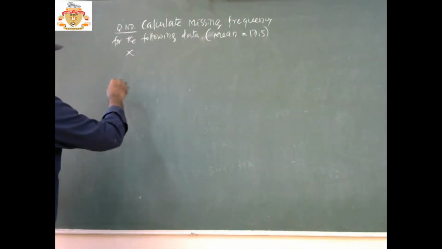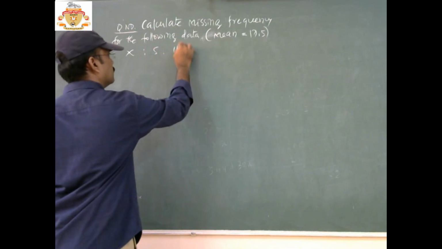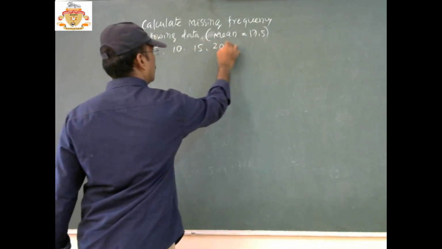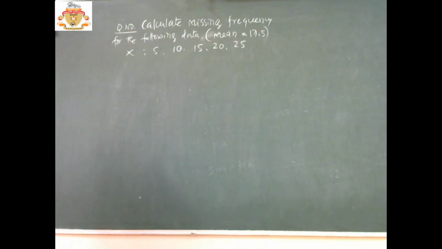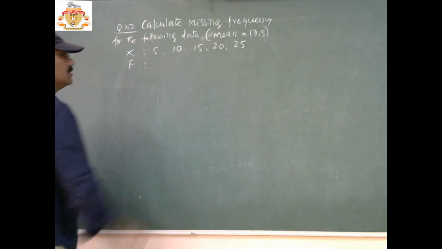So x starts from 5, 10, 15, 20, 25. As I said, the variables are full. There is no missing value in the variable. Now the missing is in the frequency, right?